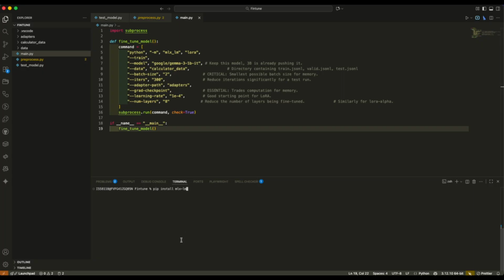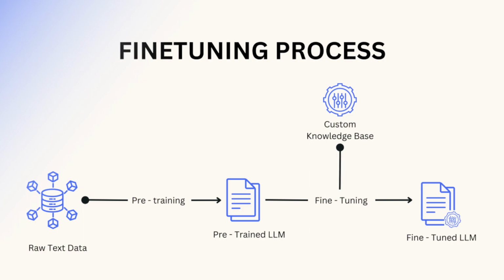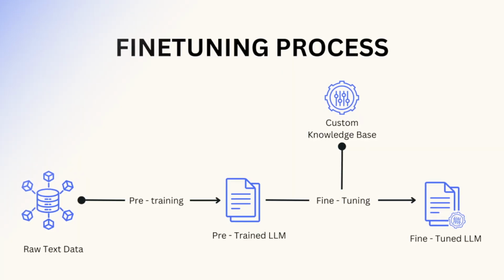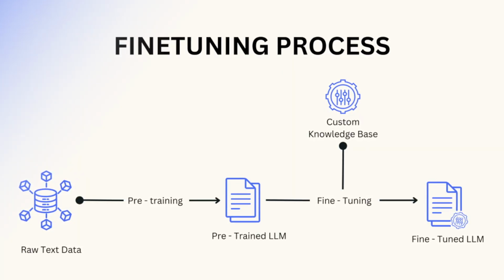So I've put this code together. Remember that what we're talking about today is fine-tuning. First of all, what is fine-tuning? Fine-tuning a large language model is a process of taking a pre-trained LLM and training it further on a smaller specific dataset to adapt it for a specific task or domain.